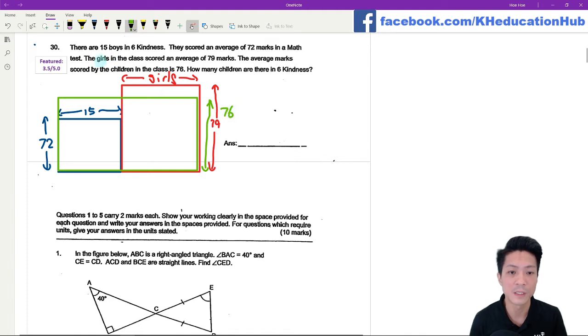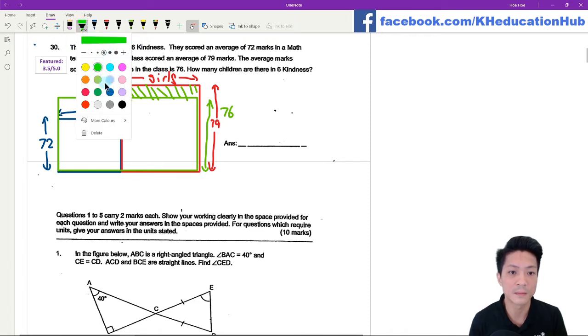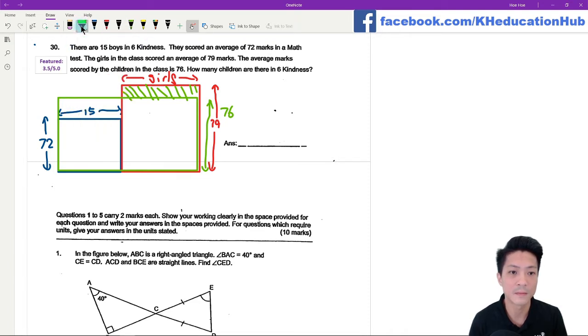Now, in order for the average to average out, you have to realize that the area over here, we have to go into the area over here. I'm going to highlight it in green.